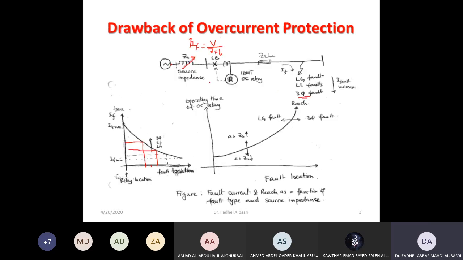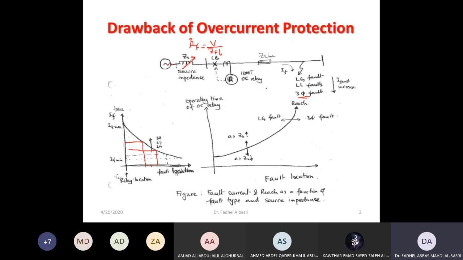Now, the second problem with overcurrent relay is the complexity of setting. You need coordination from one relay to another. I have difficulty when I have ring systems or loop systems. You cannot apply a non-directional relay; it has to be directional relays.